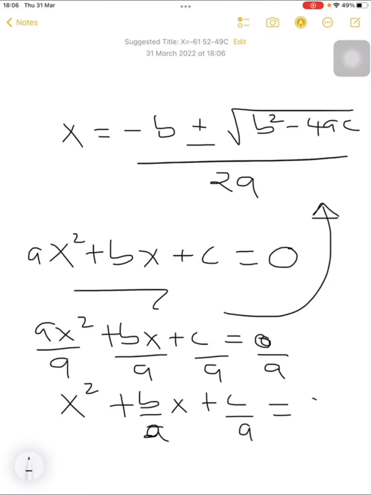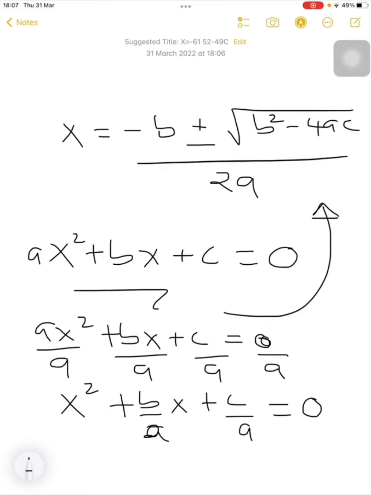is equal to 0. Then from there, on your left hand side, make sure that whatever you are left with there is the two terms which have x's. We want only the terms which have x's on the left hand side.